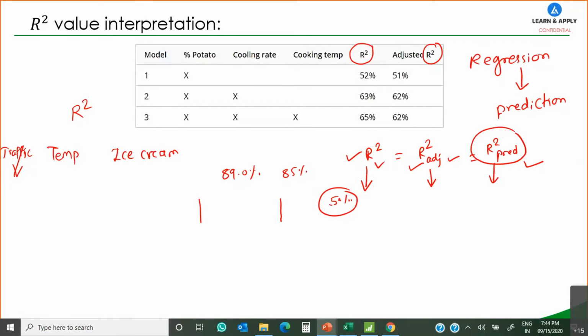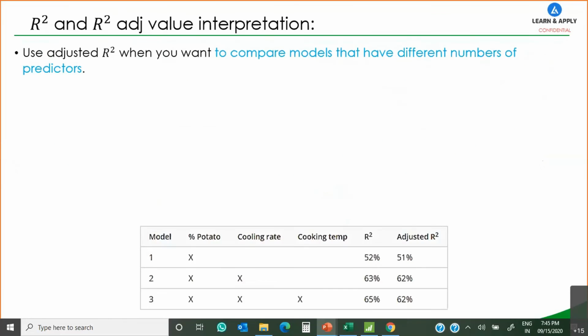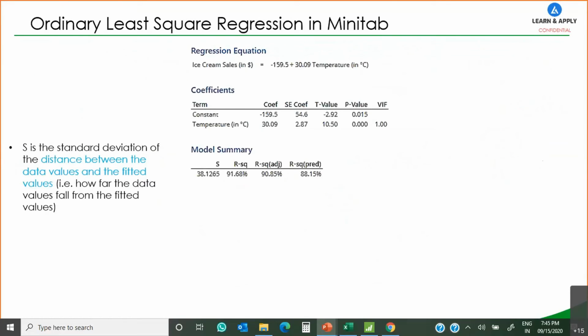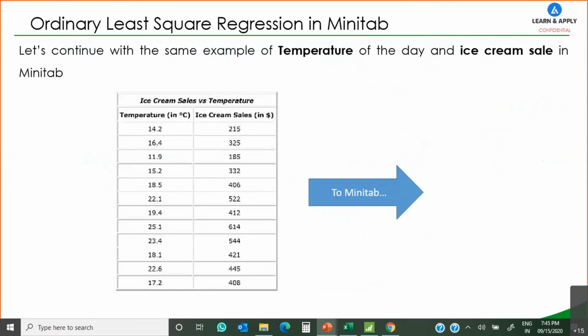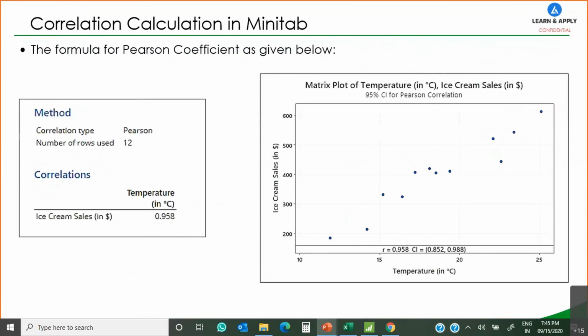Any other questions? In this regression output, those SS and MS, can you explain the significance of that? Which one? The output which you have got from Excel, in the Excel sheet.